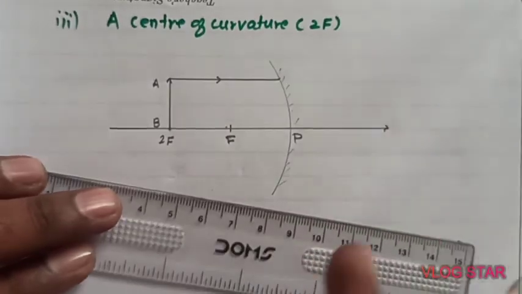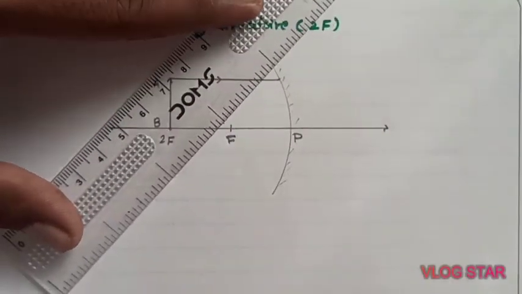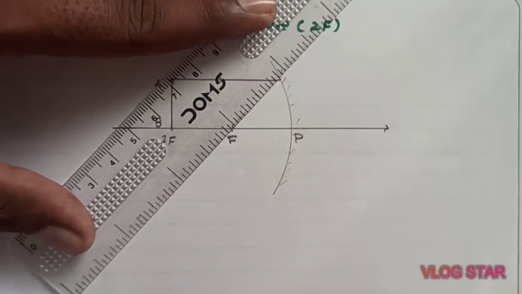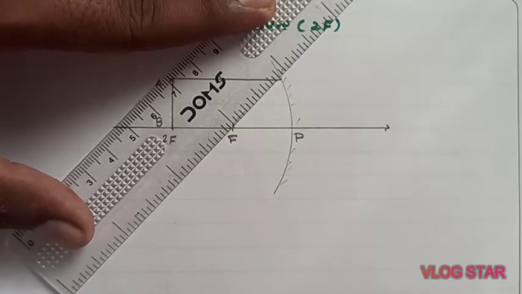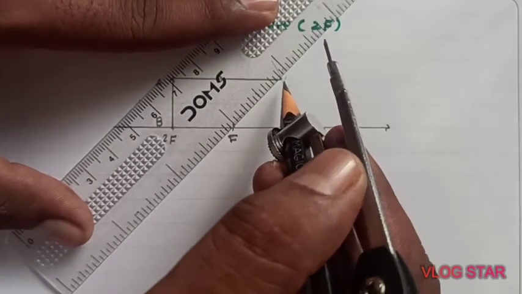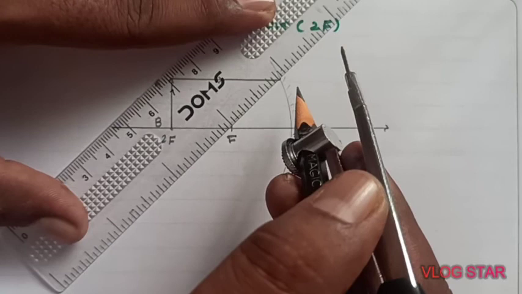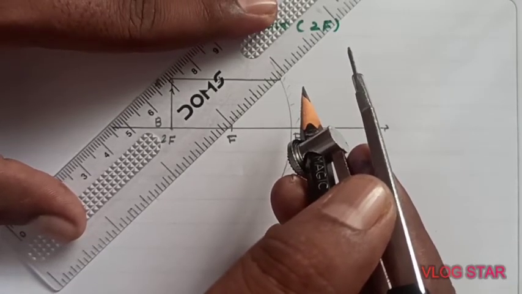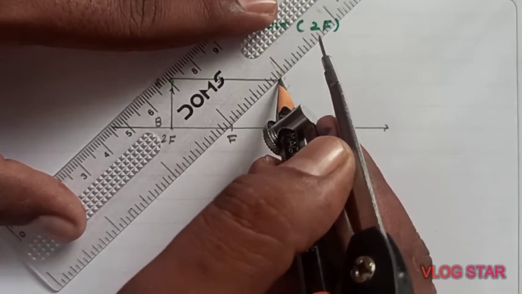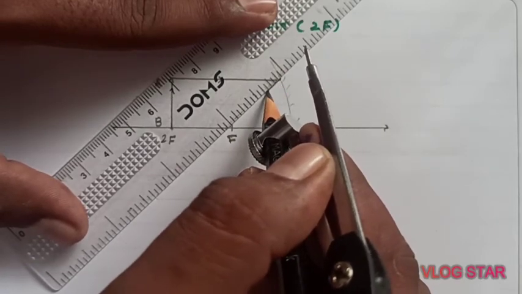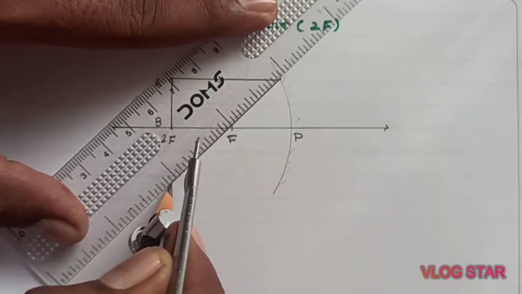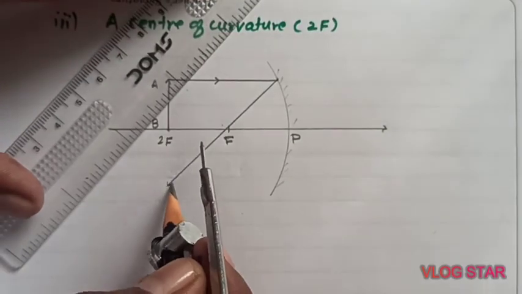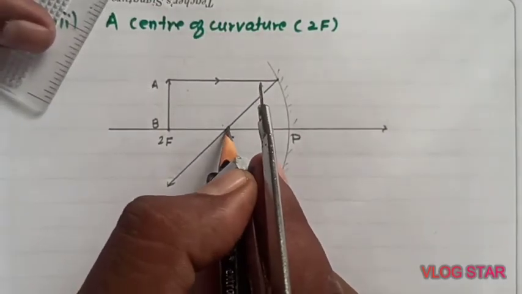Every point is important. Then the rule says it should pass through the focus of the concave mirror. That 1 mm also makes a big difference. Isn't it? This is a reflected ray.